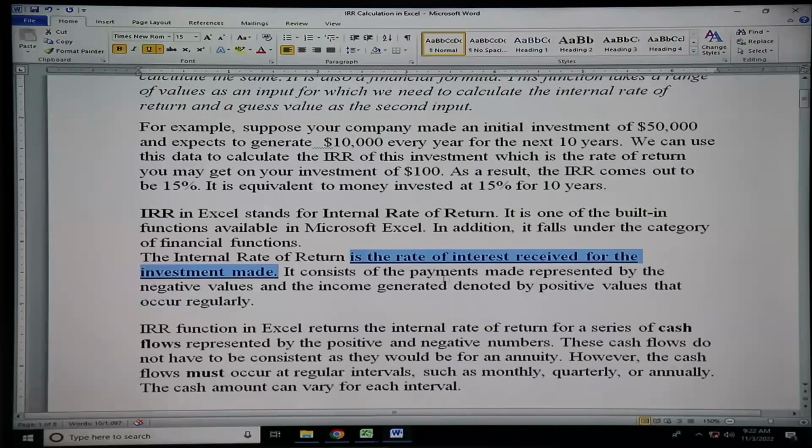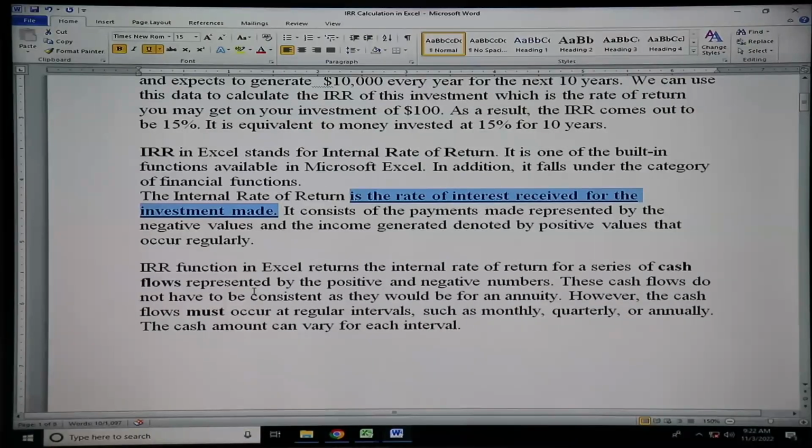It consists of the payments made, represented by negative values, and the income generated, denoted by positive values, that occur regularly. We have already seen that negative values always represent the payments and positive values represent the incomes.